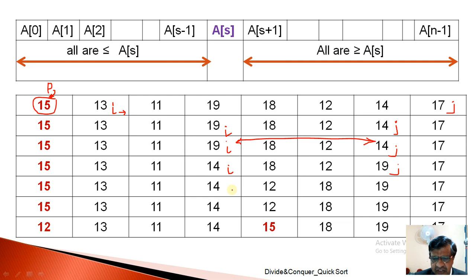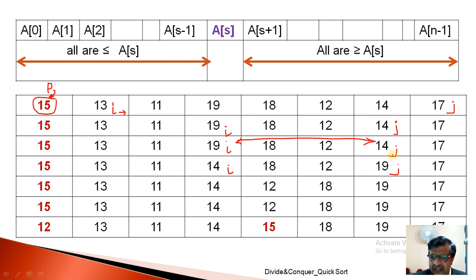After this exchange, that means if in any iteration i doesn't cross j, or j doesn't cross i, they are somewhere in the midst of the unsorted array, then exchange will happen. ai will be exchanged with aj before crossing. This is one of the situations.